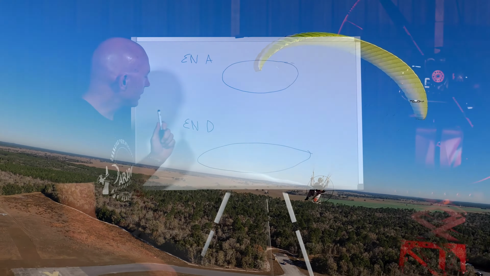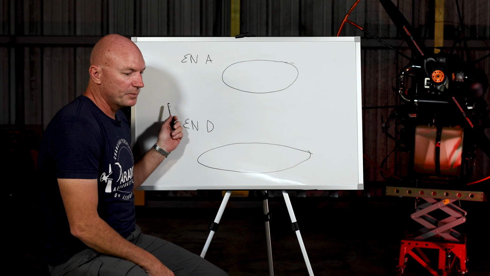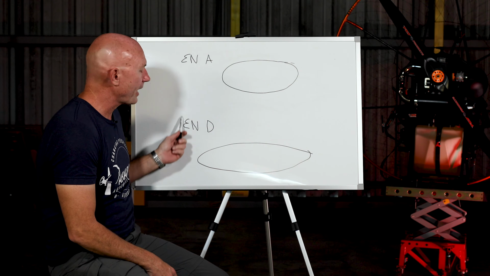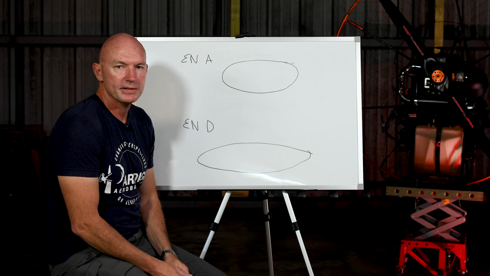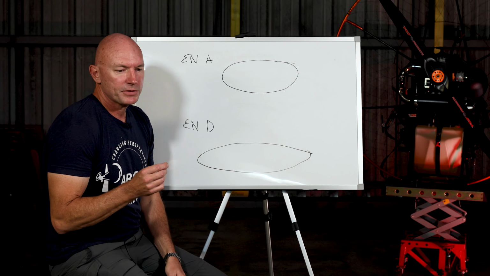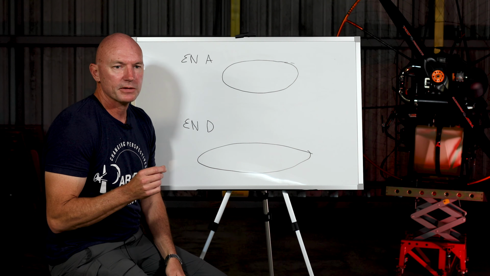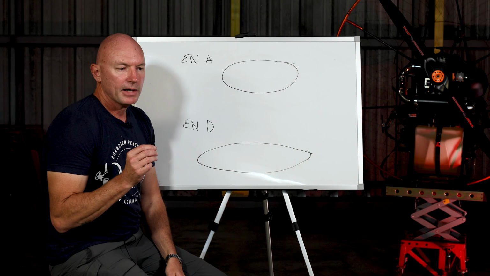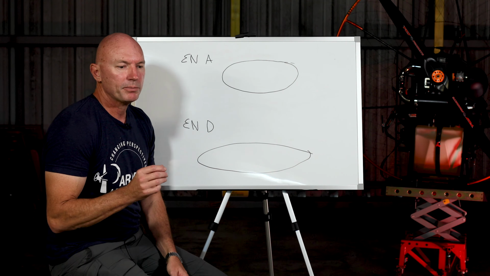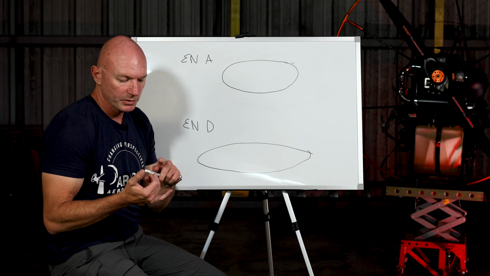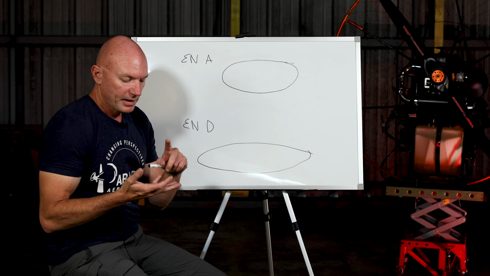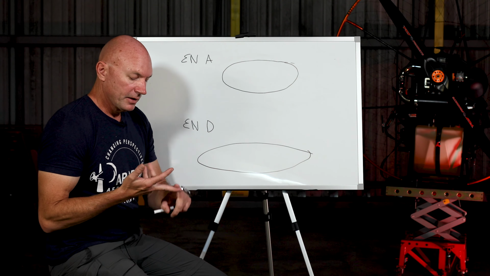The other question is, how does the European system figure out this A, B, C, D rating? If you look up how it's done, there are 23 categories that these wings are tested in, and some of them are super simple. How easily does it inflate? How easily does it track?